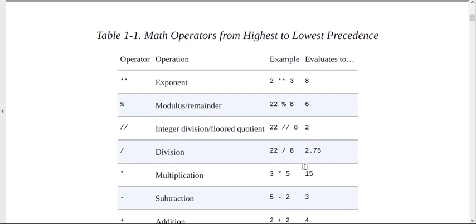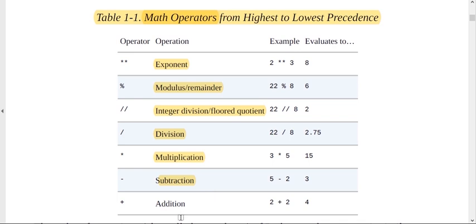So here I want to show you something. This is the total table for the math operators from highest to lowest precedence. We have the exponents, the modulus or the remainder, the integer division or the float division, the division, the multiplication, the subtraction, and finally the addition.